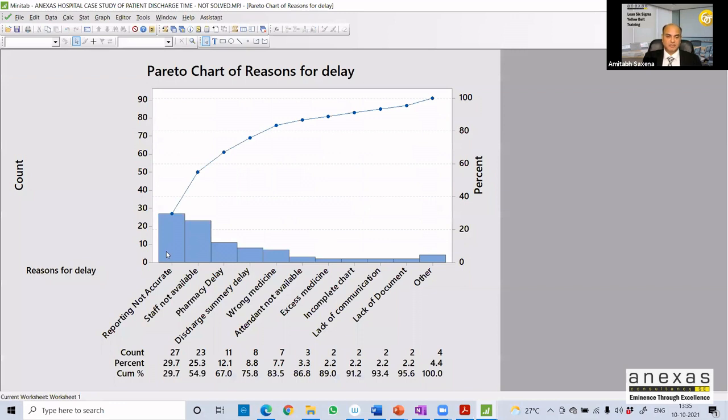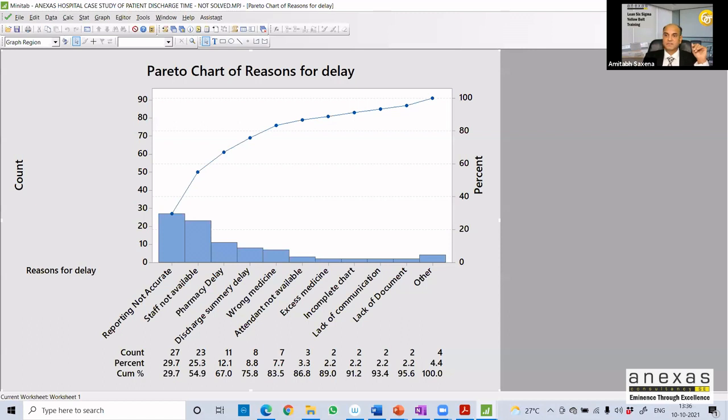So the Pareto chart tells me that I collected around 90 samples. Out of that, 27 were due to inaccurate reporting. The top 4 causes, if you look at, are discharge summary delay, pharmacy delay, staff not available, and reporting not accurate. And these become my root causes.